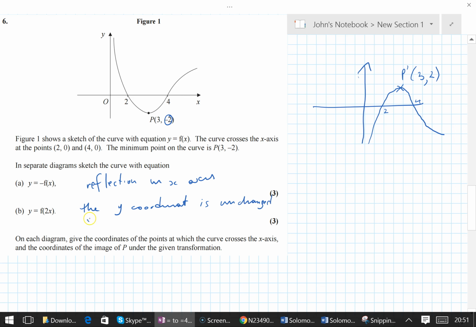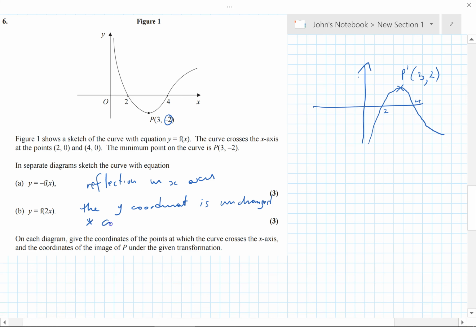But the x-coordinate, because it's in the opposite sense with the 2, is multiplied by a half, or divided by 2 if you prefer, because it does the opposite of what it should be.